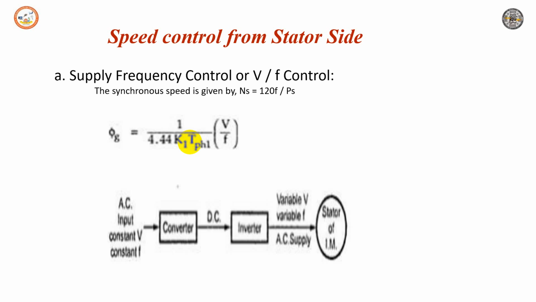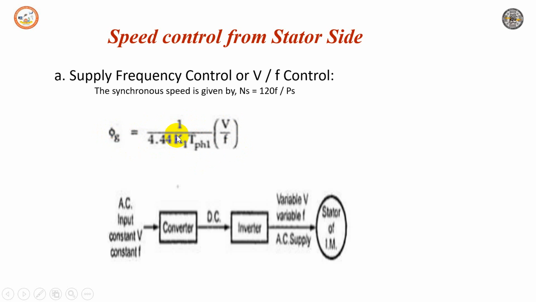We all know the transformer equation, E = 4.44 phi m N1 F. Relating it to this, I will introduce K1, which is a constant of the stator winding, and T phase is turns per phase in the stator.